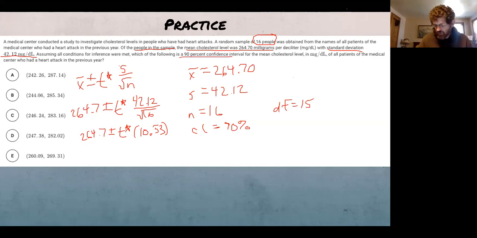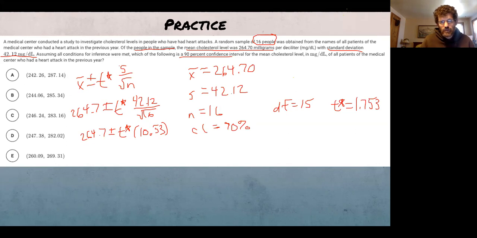Now remember, you can also find this on your calculator using inverse T. So that's what I'm going to do real quick. You have to be careful to use the correct area. And I see that my T star, hopefully someone is looking on the T table, the table B, to look at that, is 1.753.